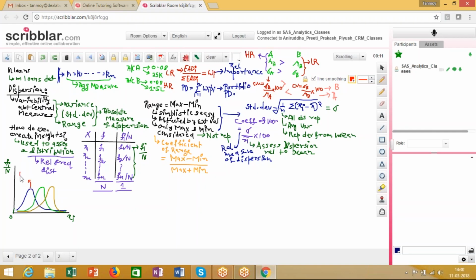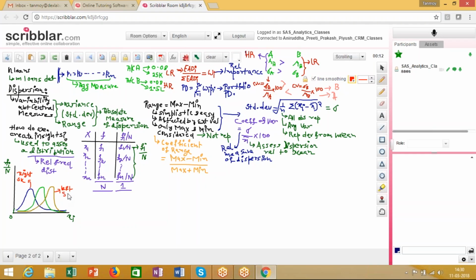So this is the right skewed data. This is called a right skewed data, and this is called the left skewed data. It's called the right skewed data because the skewness happens towards the right hand side.